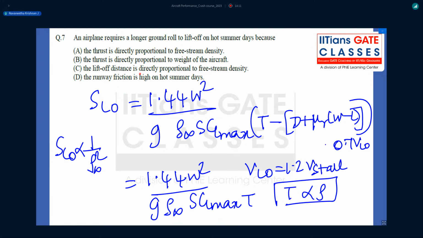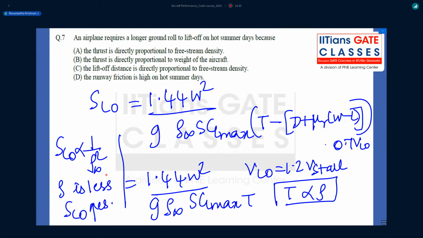If you see hot summer days, the air density becomes less. Due to humidity, on hot summer days, density is less. When density is less, what happens? The lift-off distance increases.